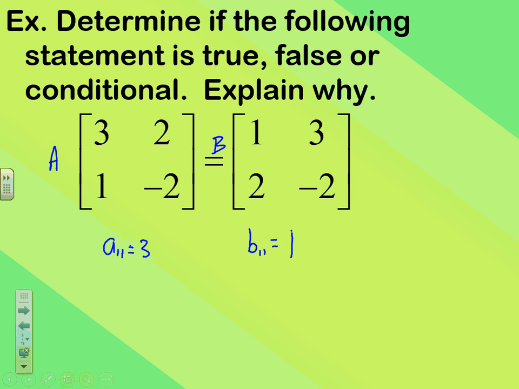Since the element in row 1, column 1 of matrix A is not the same number as the same place in matrix B, we would say no, these are not equal to each other, because the elements from one matrix to another don't match up.